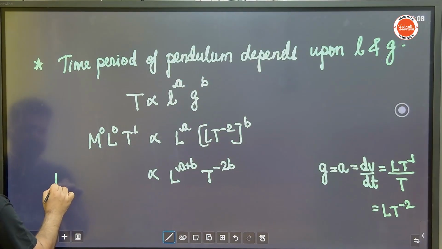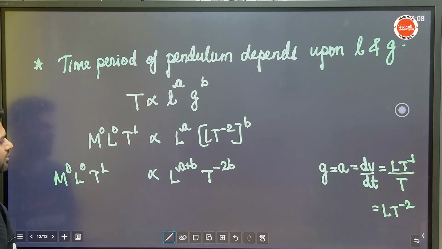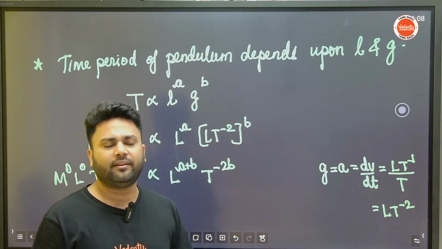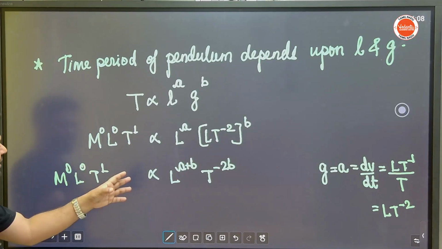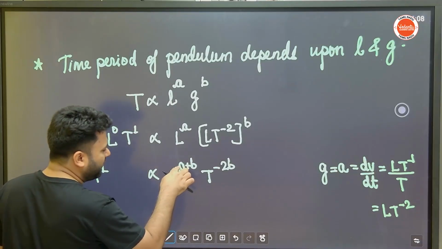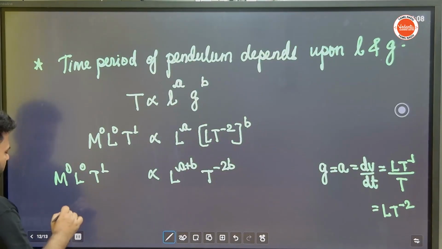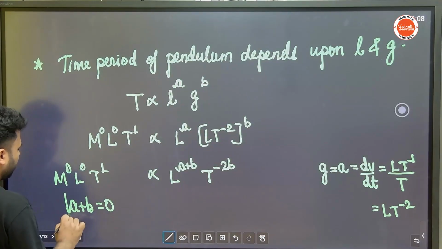Now if I match left hand side and right hand side, if I compare these two, here length power should be 0, here length power is coming a plus b, means a plus b should be 0. This is our first equation.